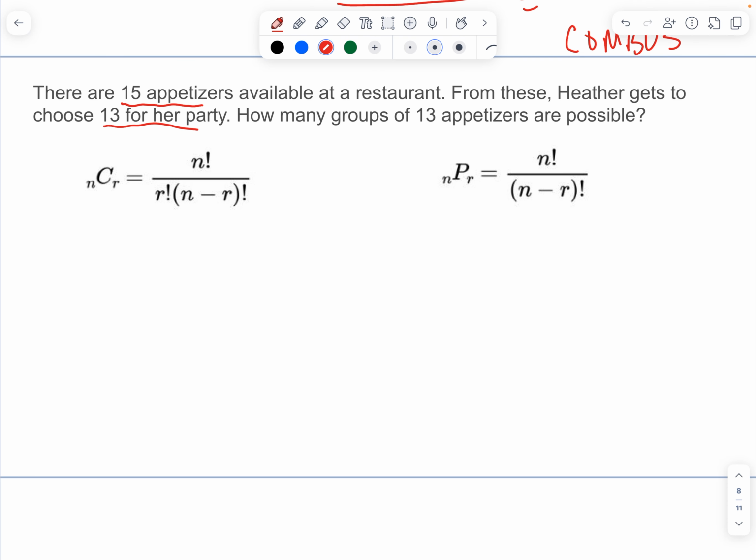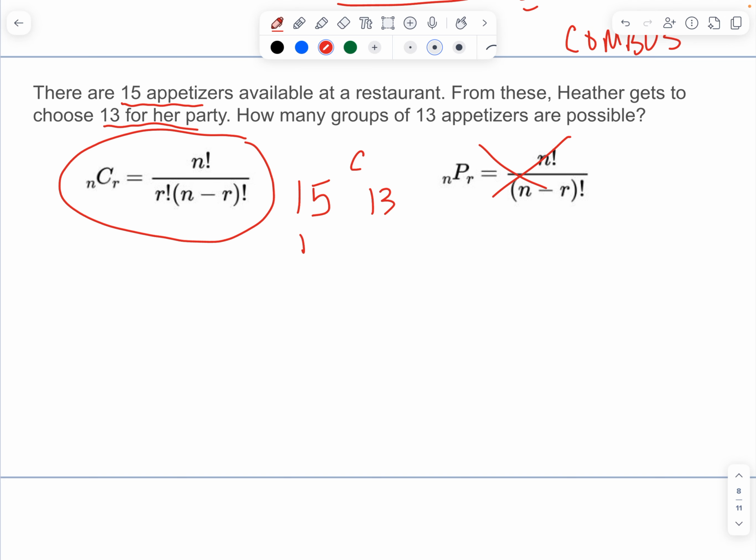I don't think Heather cares about the order of her appetizers, so we're going to stay away from permutations, where order does matter, and we're going to choose combinations. So she has 15 total appetizers, and she's going to choose 13 for her party, and she wants to know how many groups of 13 appetizers are possible.